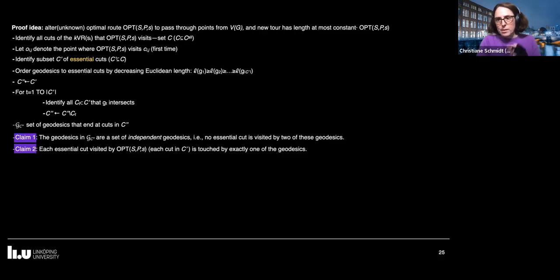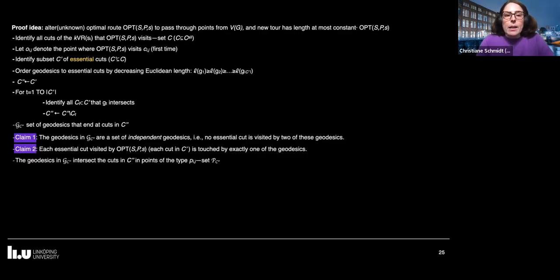So touch means it's either intersected or actually we're only getting there. And the geodesics have to intersect these cuts in the points of the type Pij, so the ones that we defined as candidate points for our graph, because that's exactly where geodesics intersect with our cuts.